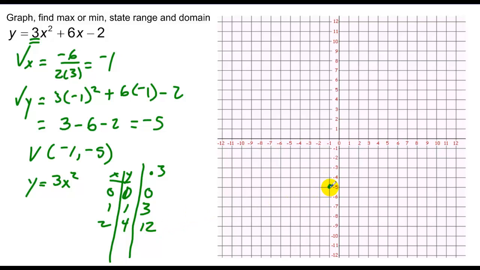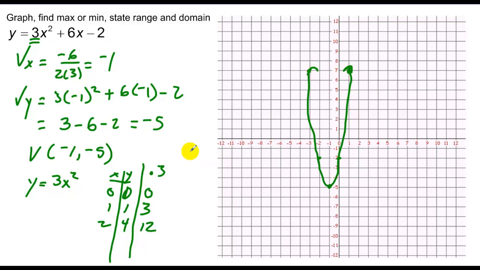And so from this vertex point, I go over 1 and up 3, and over 2 and up 12. And you'll notice this parabola is much skinnier than the one we previously did.